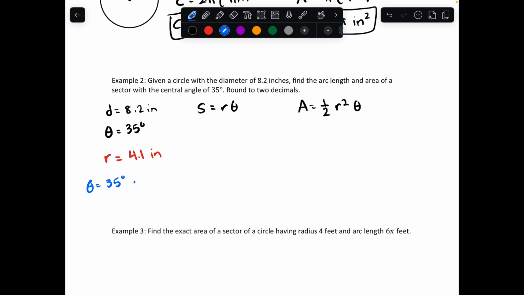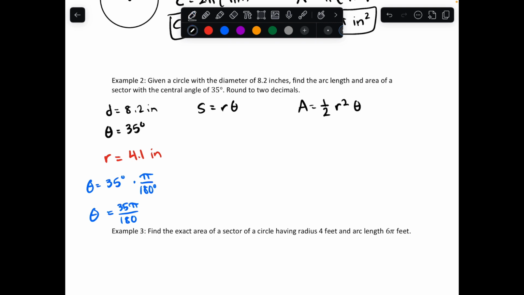Well, I'm going to multiply by pi divided by 180 degrees. And now we can see that there's a degrees on top and on bottom, and so the degrees will cancel each other out. And so I'm literally just going to leave this as 35 pi divided by 180.